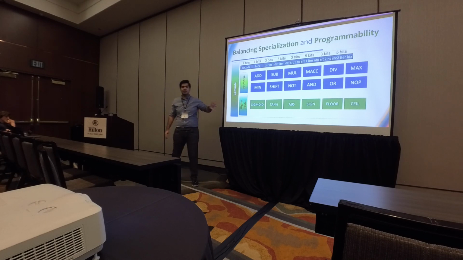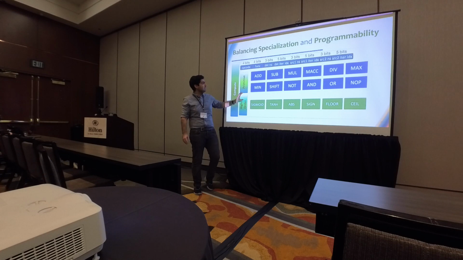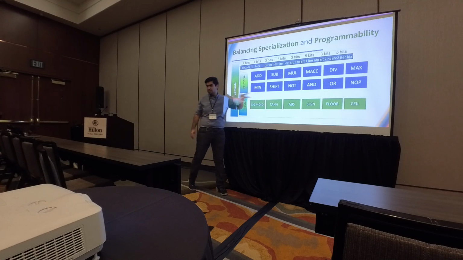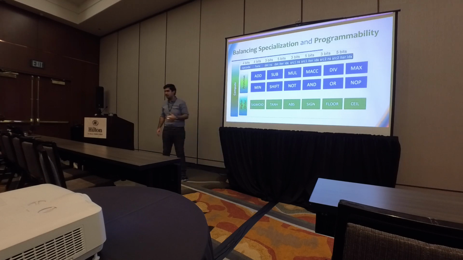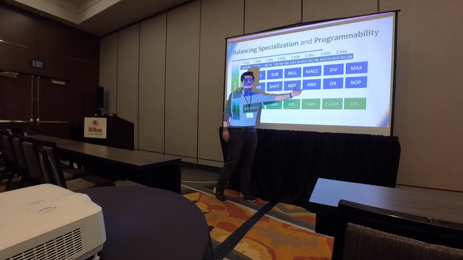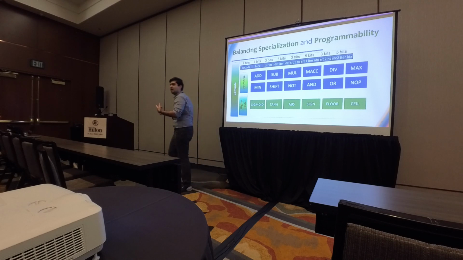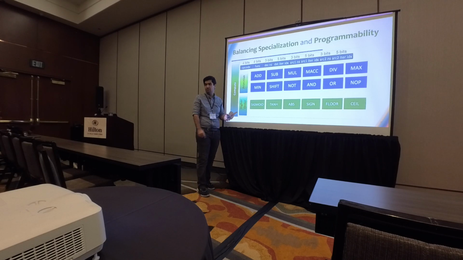We have two classes of operations that the processor currently supports, and it can be extendable. Right now we have a set of primitive operations: simple add, subtraction, multiplication. We actually have a MAC operation as well, which can be used for depthwise convolution, and some logical operations, not, and, or, and also a no-op, which the compiler inserts whenever it tries to remove instruction dependencies in the processor.